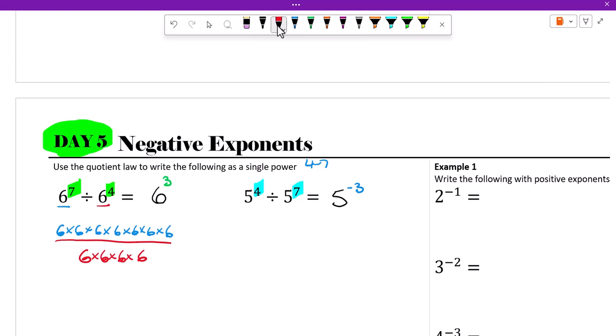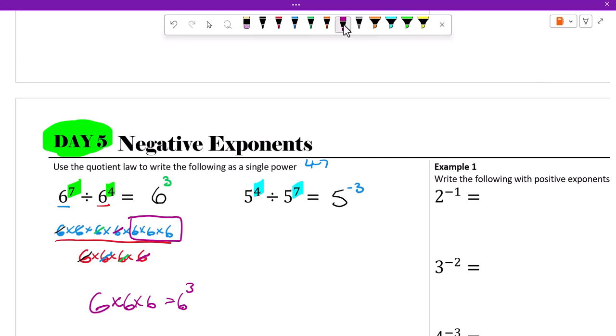A factor on the top can cancel a factor on the bottom. So this is how we learned our division rule. One 6 on the top cancels a 6 on the bottom. Another 6 on the top cancels another 6 on the bottom. So we can cancel out up to 4 of these. And what's left over is our answer: 6 times 6 times 6, which is 6 cubed.